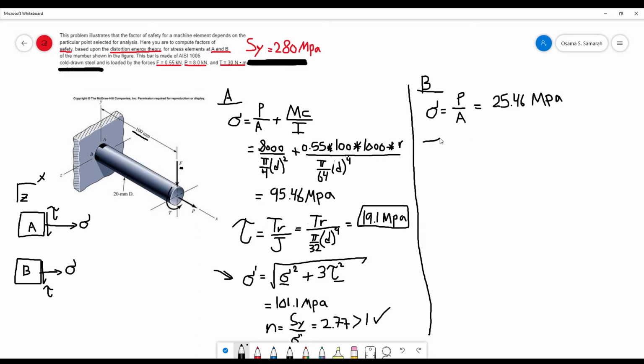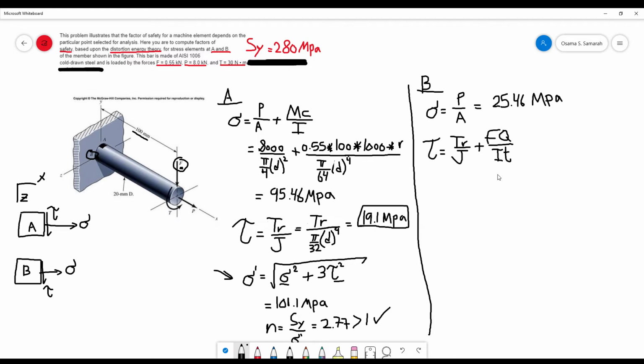And for tau, it's going to be equal to Tr over J plus the transverse shear, because remember point B is at the neutral axis, so VQ over It. F is this force, I is the moment of inertia, and t is the thickness of the bar, which is equal to the diameter.